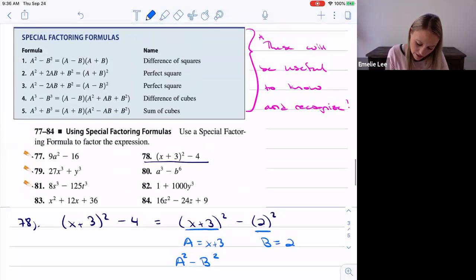So if I look here, and I've got a squared minus b squared, I can rewrite that as a difference of squares, so a minus b times a plus b.